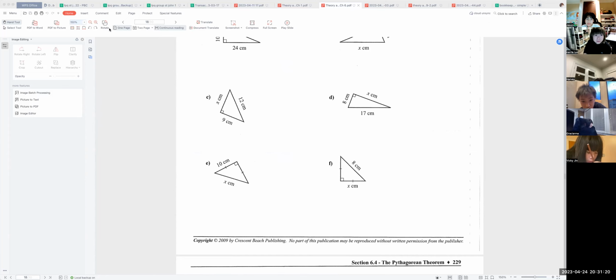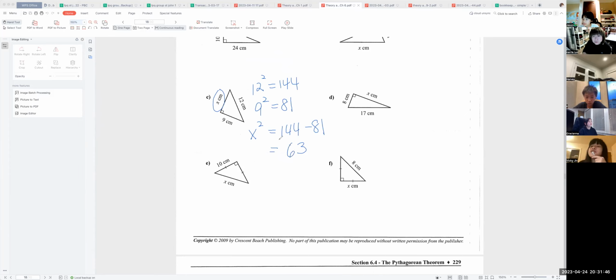Okay, so for instance, in order to find x, it's pretty complicated because you need to do 12 squared equals 144, 9 squared equals 81. So x squared equals 144 minus 81 equals 63.